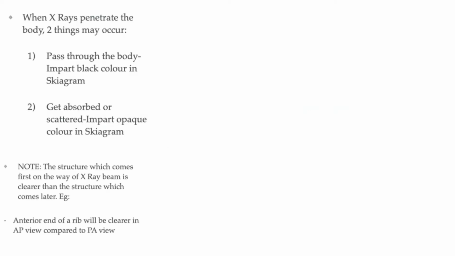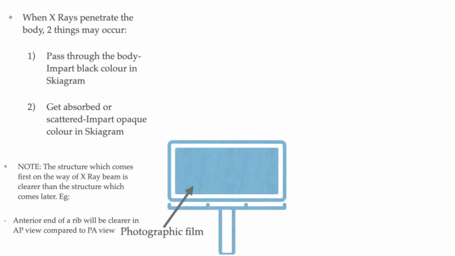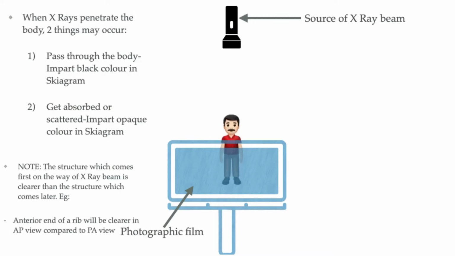Now let us try to understand this again in this slide. Suppose this is a photographic film and this is the source of X-ray beam, and this is the subject which has to undergo X-ray. So when the X-rays are projected on the subject, what is the fate of these X-rays? These X-rays may either completely pass through the human body and reach the photographic film.